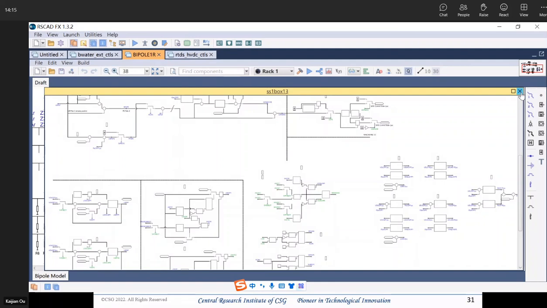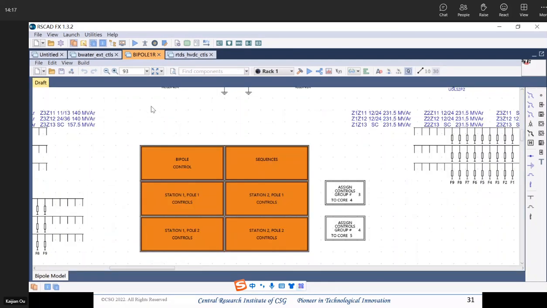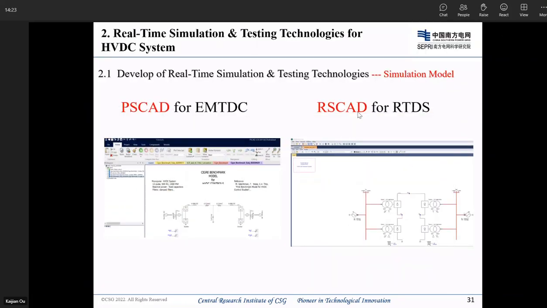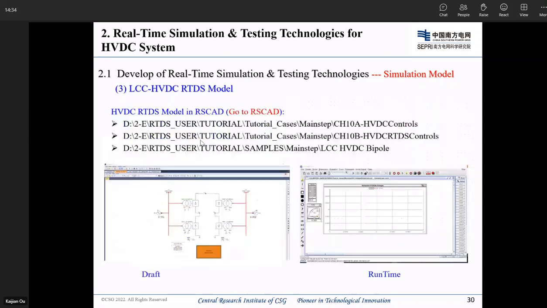So I just showed you the ASCAD and PSCAD models. You can see this is the ASCAD model for RTDS. Yesterday we had a PSCAD for MTDC. So I have shown you two kinds of model.